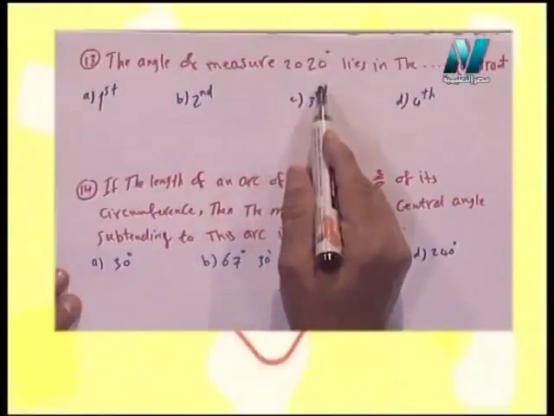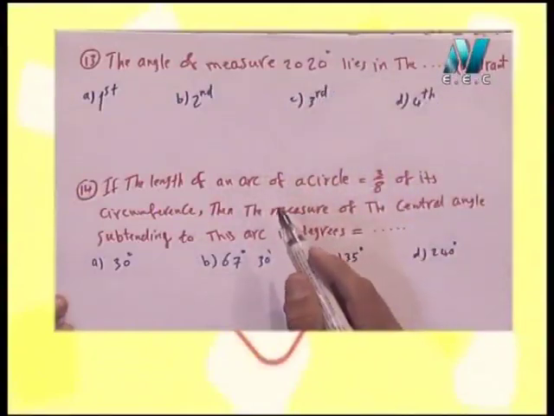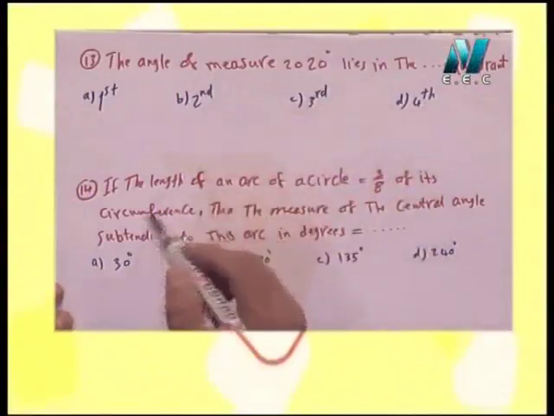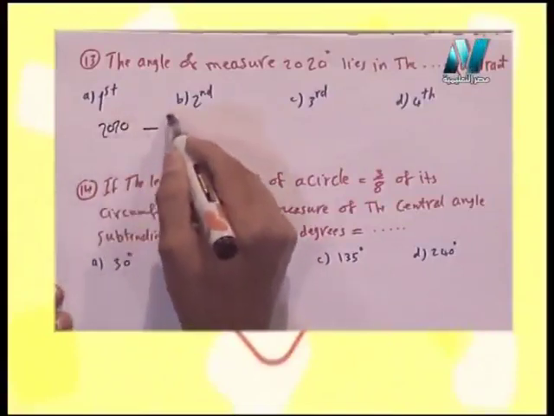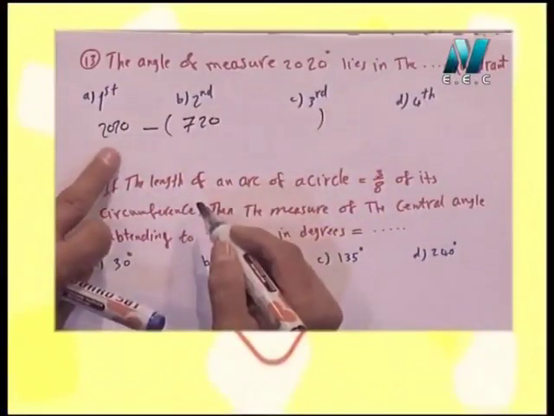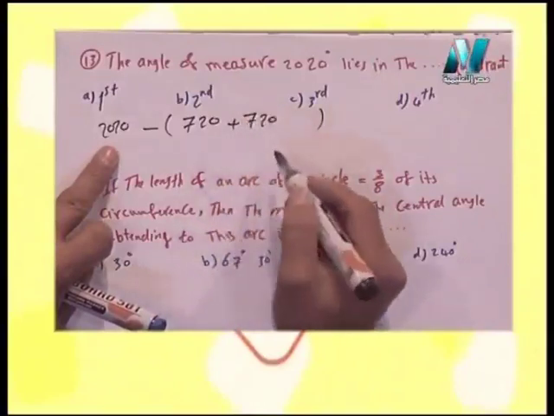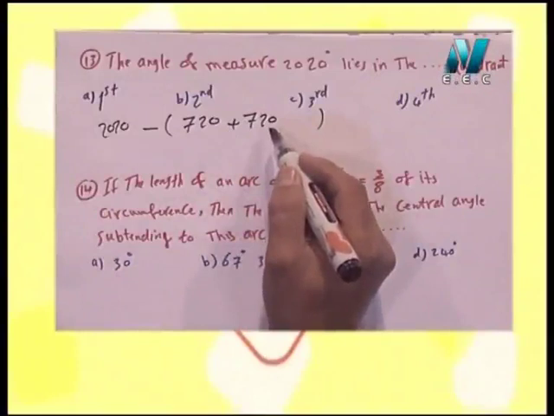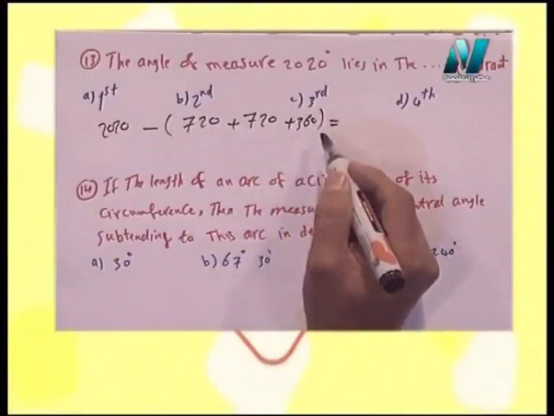We have question number 13 and 14 here. The angle of measure 2020 lies in what quadrant? It's a very big angle, in fact, but we take 2020 minus 720, because it's a big number, and we can also subtract 360 and try to find the smallest positive angle here.